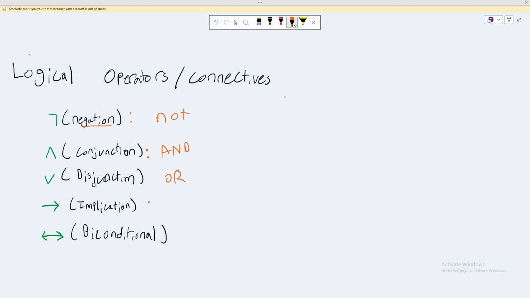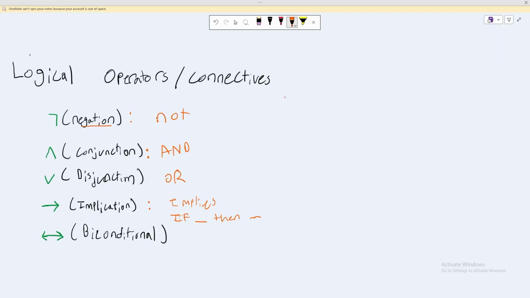And then implication would be something implies something else, like another proposition. So either implies, or some people say if the first proposition, then your second proposition here.